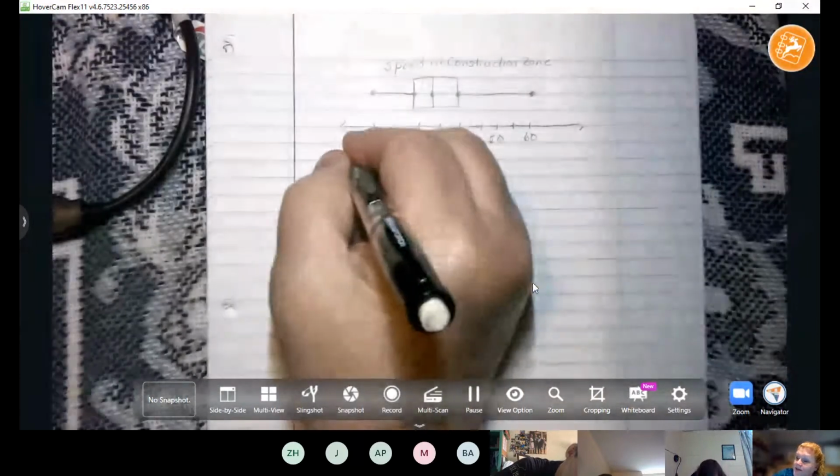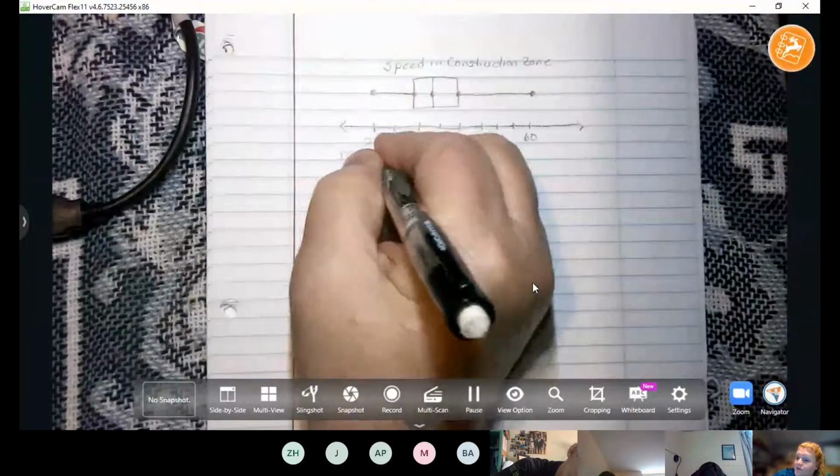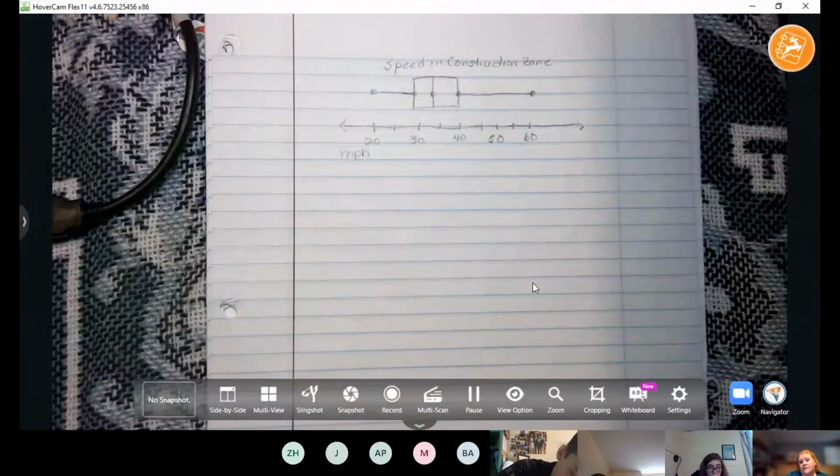And we might want to indicate a unit that we're using. So I'm going to put miles per hour there, so we'll know the units that we're using. And that's our box and whisker plot.